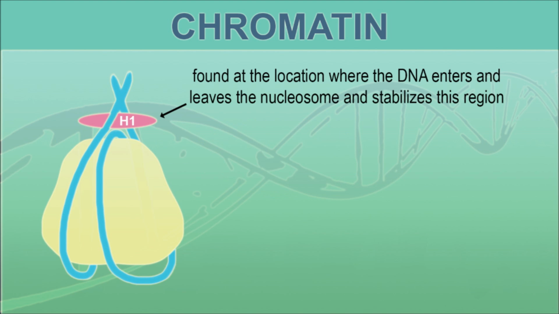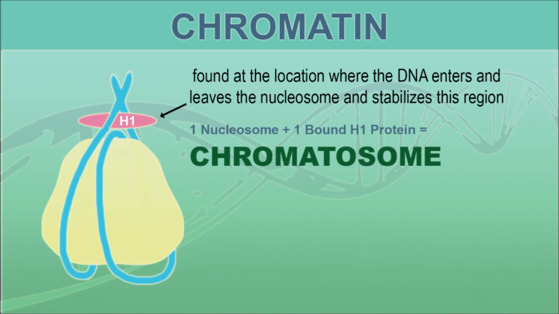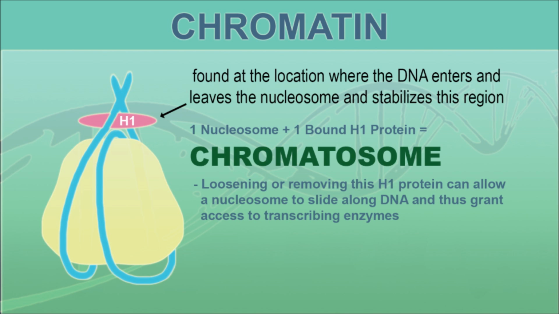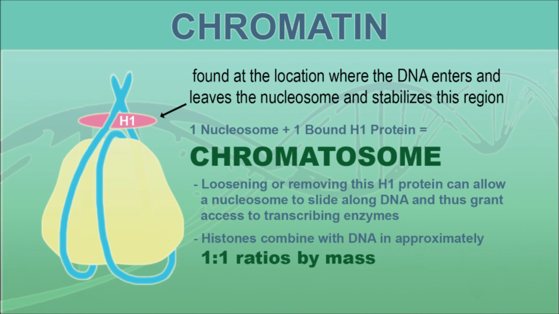It is found at the location where the DNA enters and leaves the nucleosome and stabilizes this region. A nucleosome plus 1 bound H1 protein is termed a chromatosome. Loosening or removing this H1 protein can allow a nucleosome to slide along DNA and thus grant access to transcribing enzymes. Histones combine with DNA in approximately 1-to-1 ratios by mass.